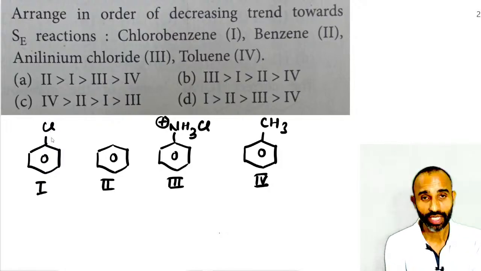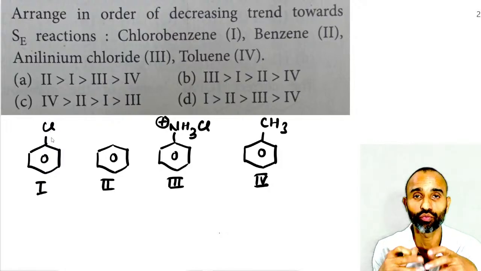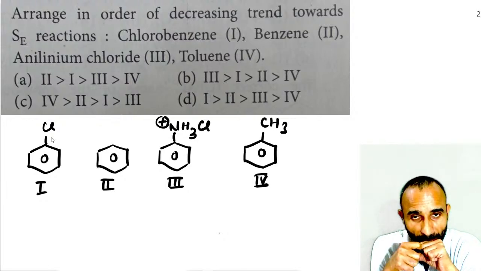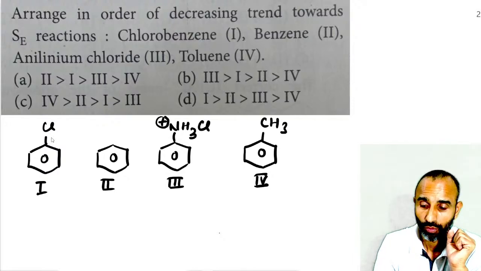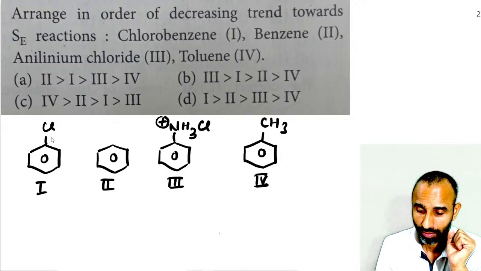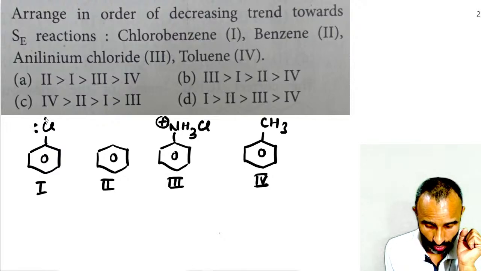chloro, what is the nature of chloro? Is it electron withdrawing or electron releasing? It is electron withdrawing, sir. Why? It has a lone pair.